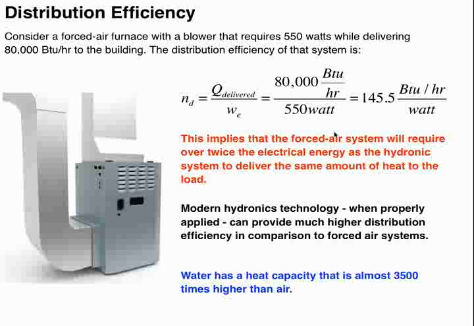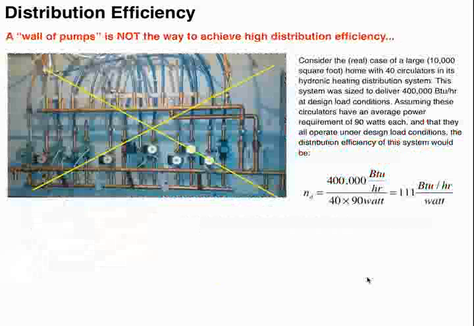And this is a distinct advantage of hydronics that we often don't talk about with clients. The ability to move heat with water, vastly superior material to air, simply because of its physical properties, what's called its heat capacity. And I've got that down here at the bottom. Water has almost 3,500 times more heat capacity than air.